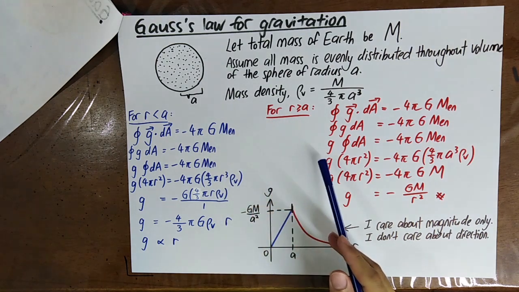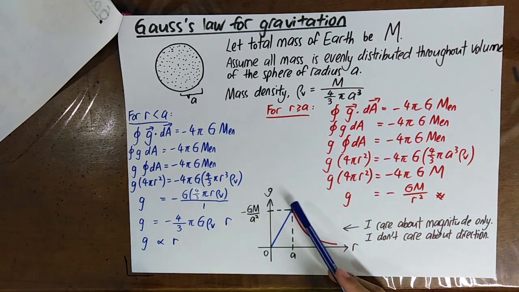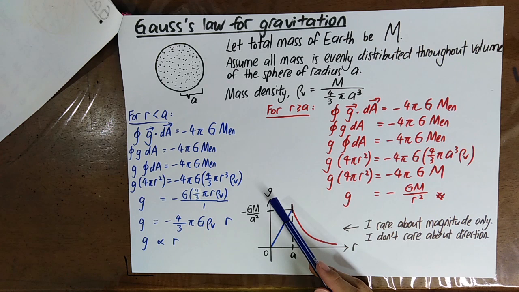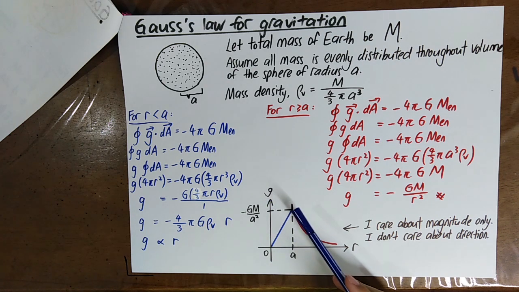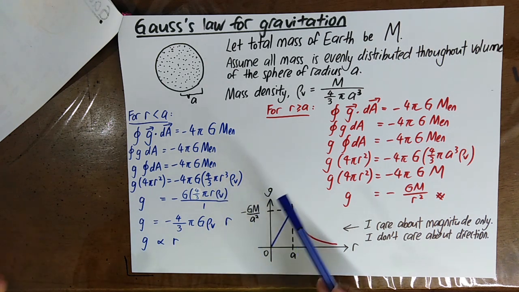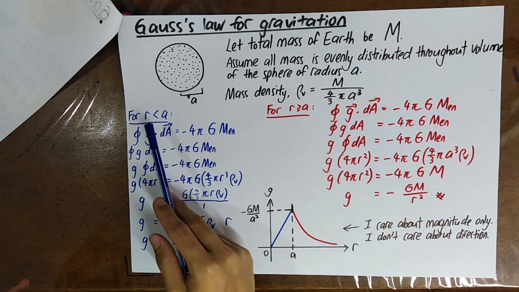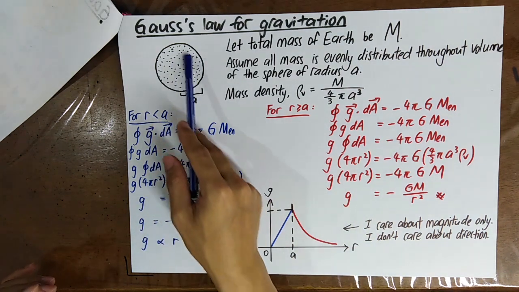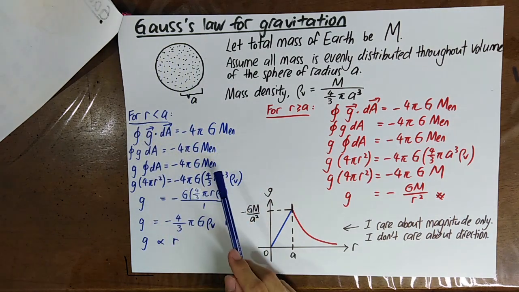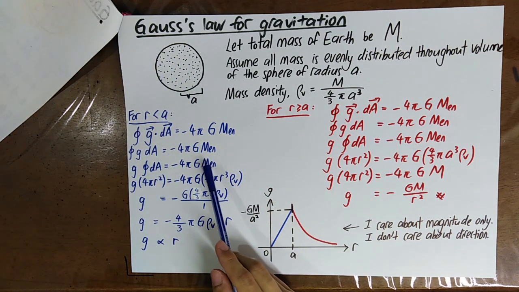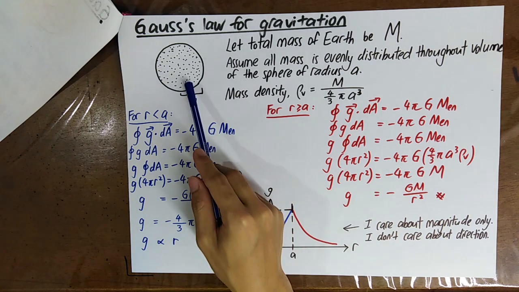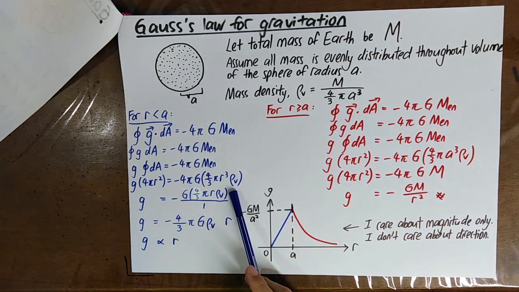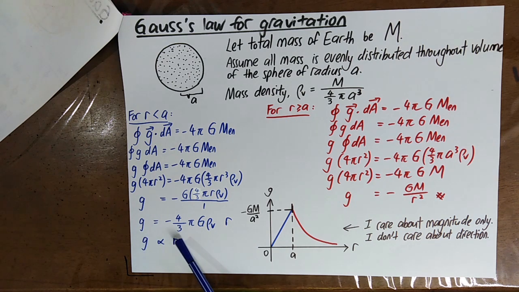And now you are going to find G, which is the gravitational field strength. The key point here is that when the Gaussian surface is smaller than this volume, when your R increases, the mass enclosed by the Gaussian surface increases. So you know that ultimately G is directly proportional to R.